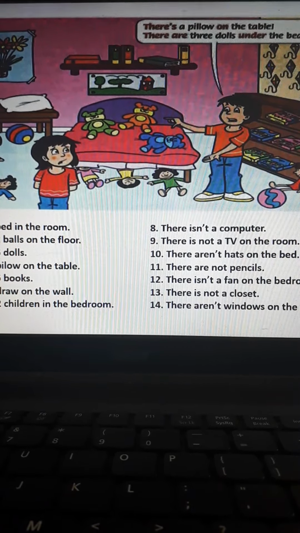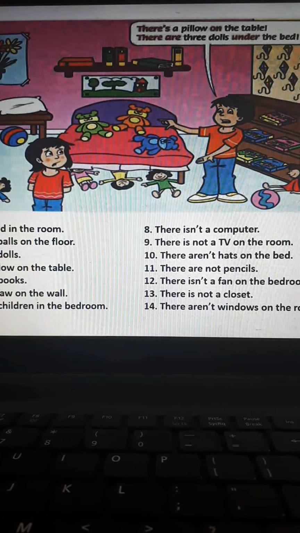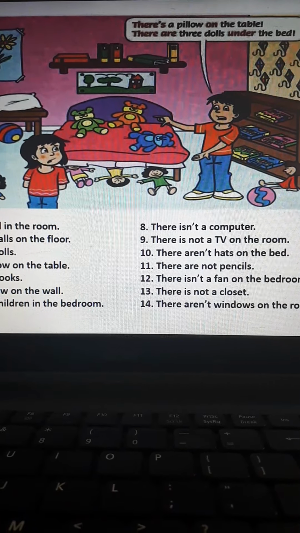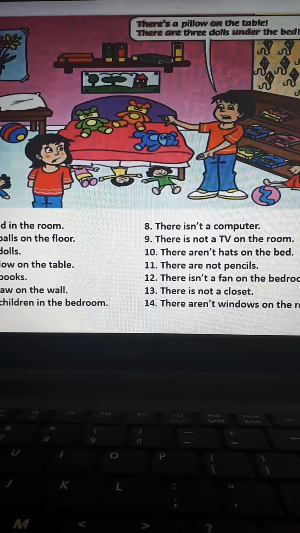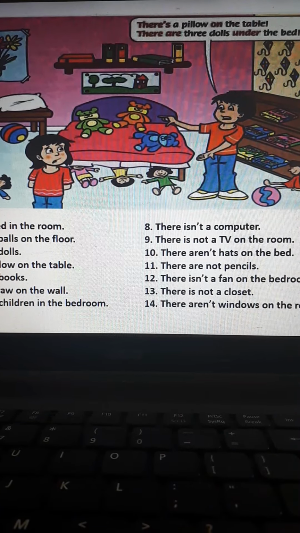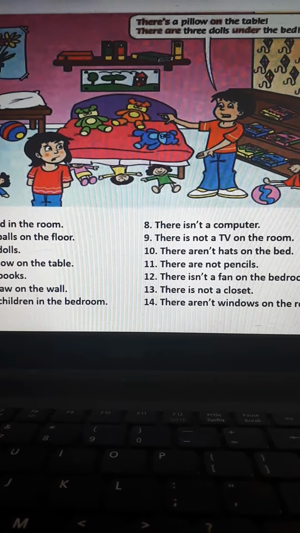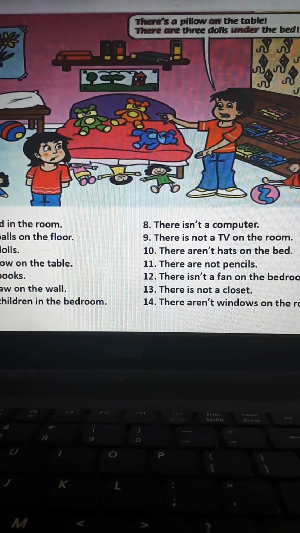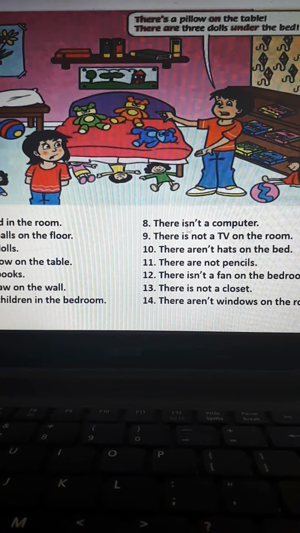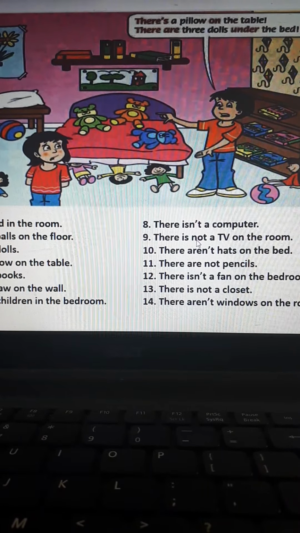So in negative we can say that there isn't a computer because we don't see a computer in the picture. There is not a TV in the room, because we don't see a TV. Maybe there's one, but we don't see it. So isn't is the contracted form, is not is the full form.